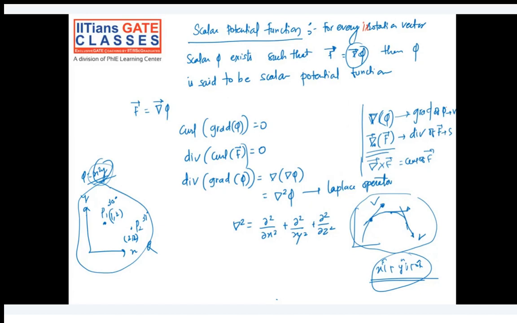And for every such irrotational vector, a scalar function phi exists such that f bar is del of phi, then that phi is said to be a scalar potential function. That is what they are trying to explain through this.